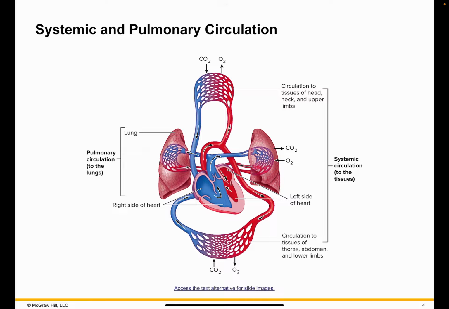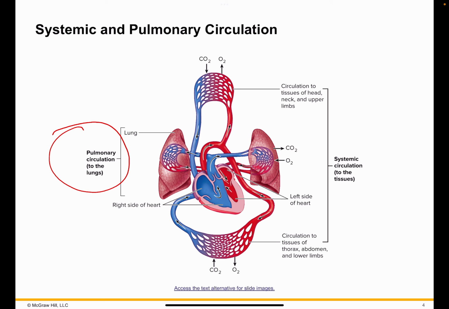Here we're talking about the details of systemic and pulmonary circulation. These are two major circulatory pathways where the blood moves. First, let's talk about pulmonary circulation. Pulmonary circulation carries deoxygenated blood.